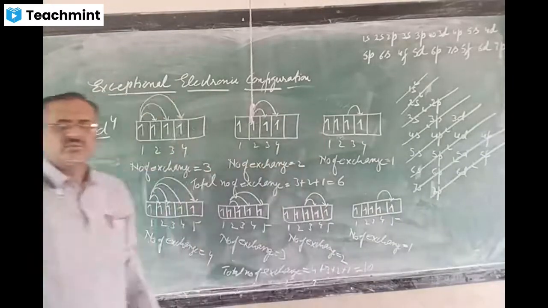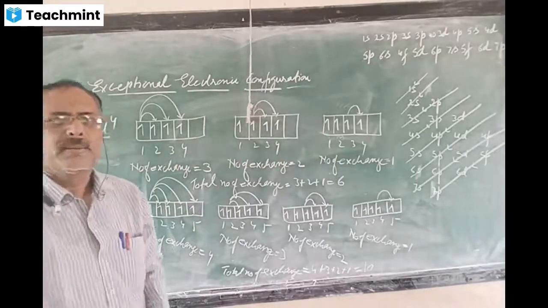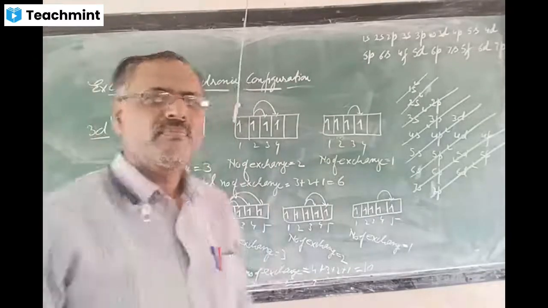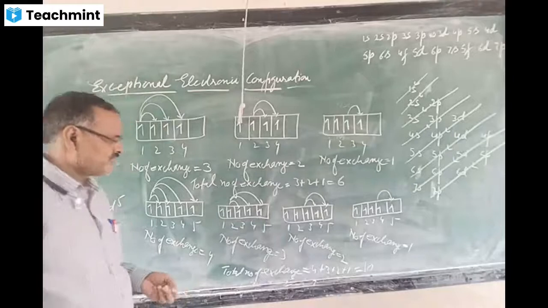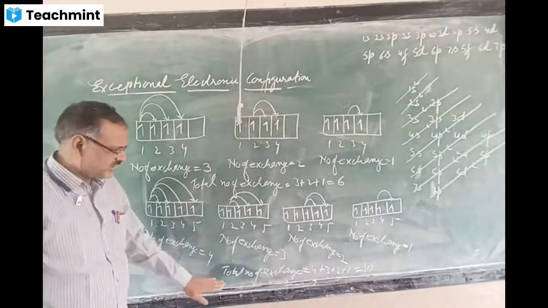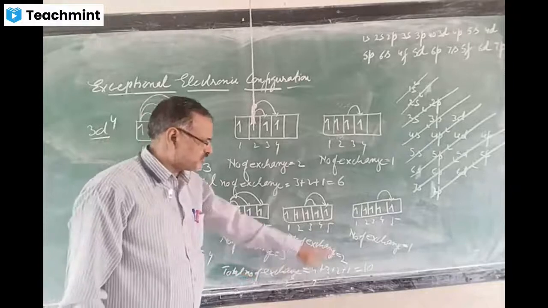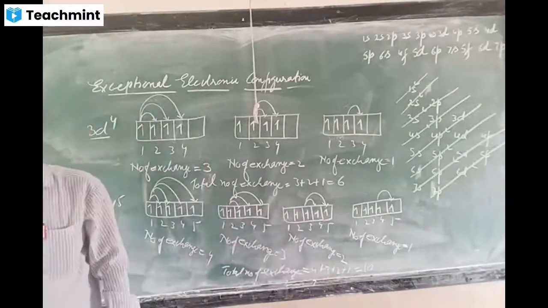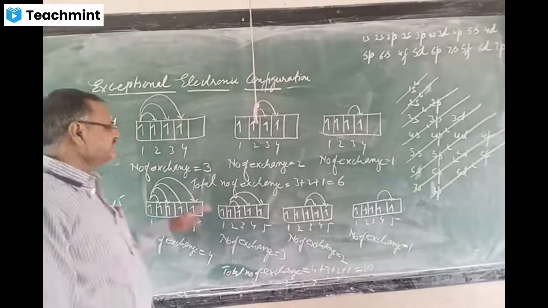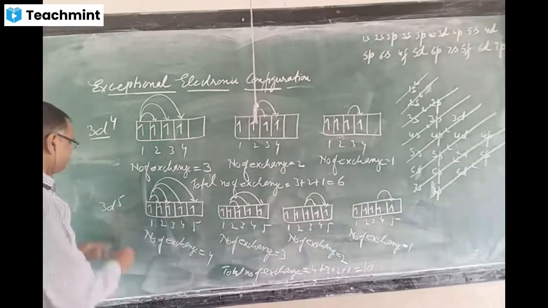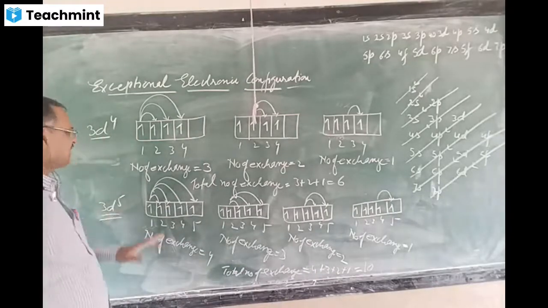So you are getting 10 exchanges. When the electron configuration is 3d5, the total exchange is 10.